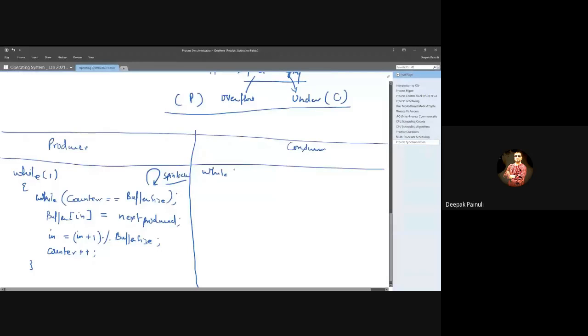Now come to the consumer process part. While counter equals 0, do nothing.